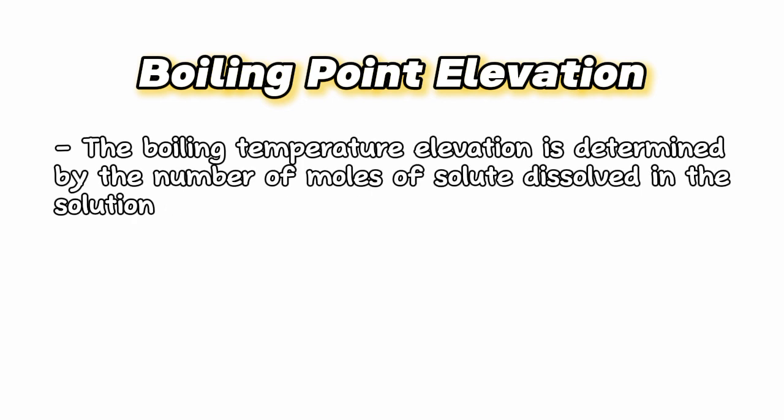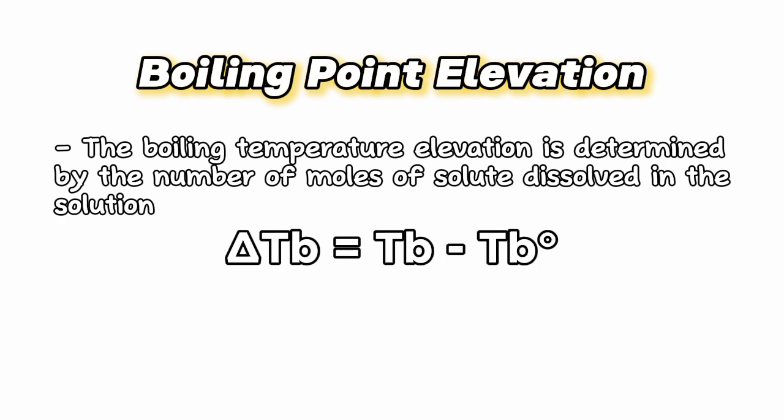The boiling temperature elevation is determined by the number of moles of solute dissolved in the solution. ΔTb is equal to Tb minus Tb°, where Tb is the boiling point of the solution and Tb° is the boiling point of the pure solvent.